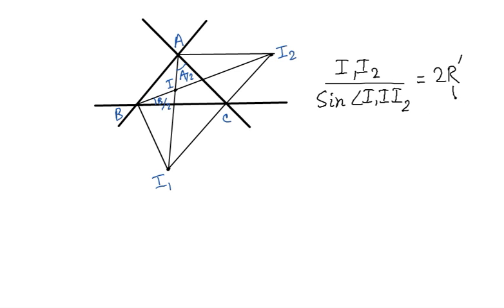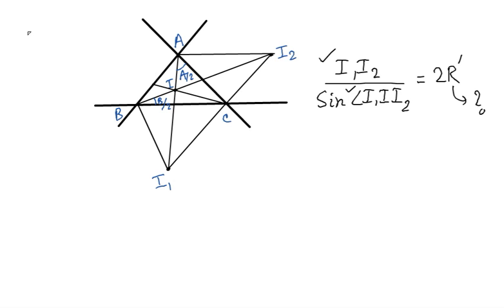So our question is to crack the value of R dash. To crack the value of R dash, we need to find the length I1I2, and we need to find the angle I1 I I2. To find this angle, we can draw the interior angle bisector of C also, which is going to be passing through the incentre.